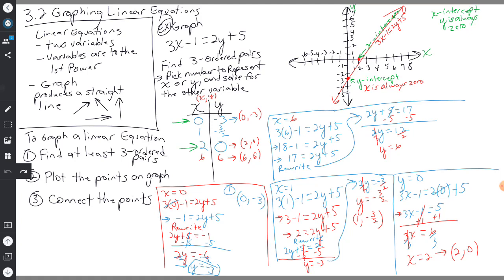Leaves us with negative 1 is equal to 2y plus 5. So we can take this and just rewrite it by letting 2y plus 5 equal negative 1. So we haven't changed the equation, we just switched it around to get our y to the left side.